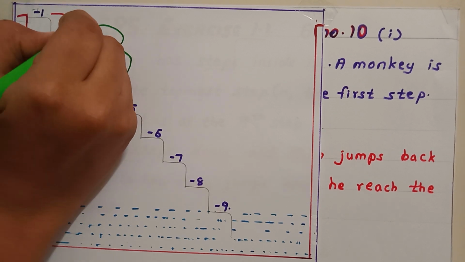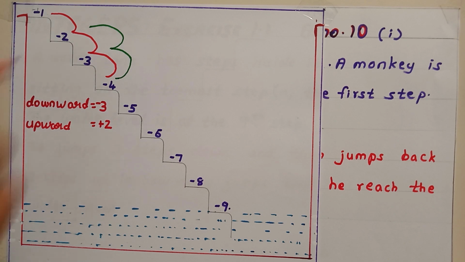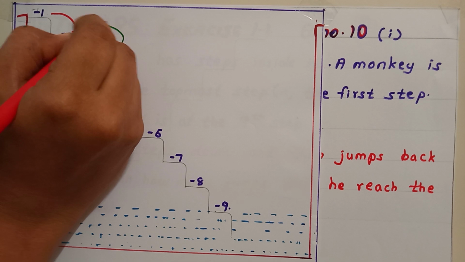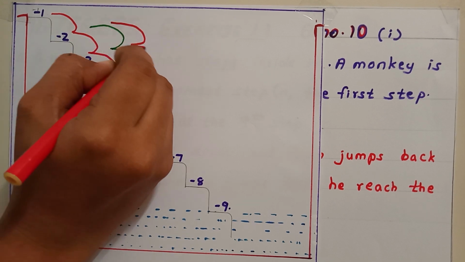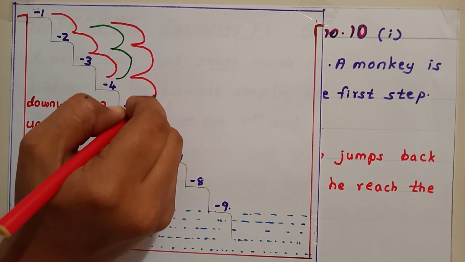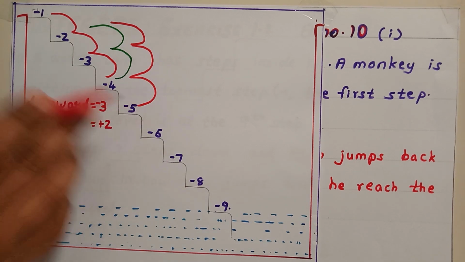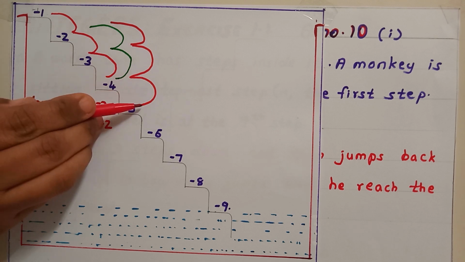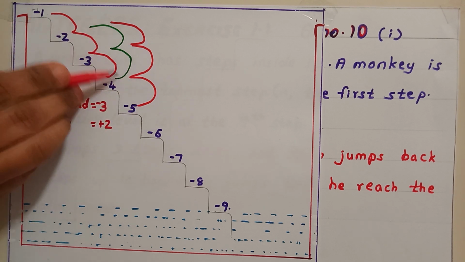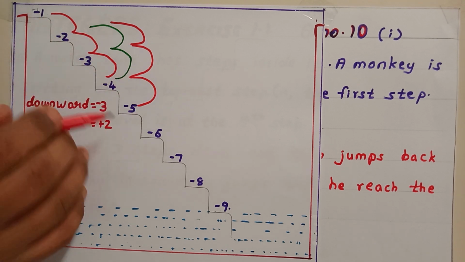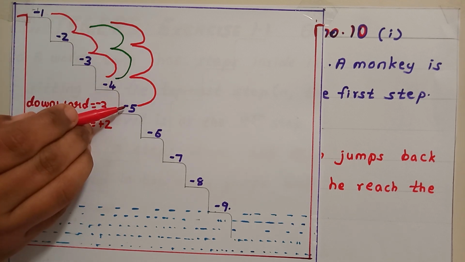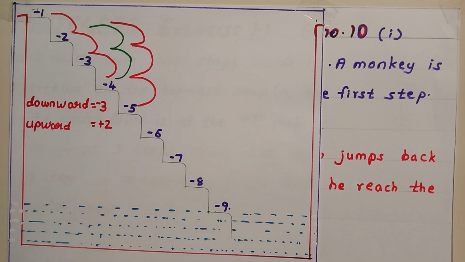Downward jump can be denoted by the red color. So 1, 2, 3. This is the next jump. This is not 3 jumps, this is a single jump. So he covered 3 steps and reached -5.